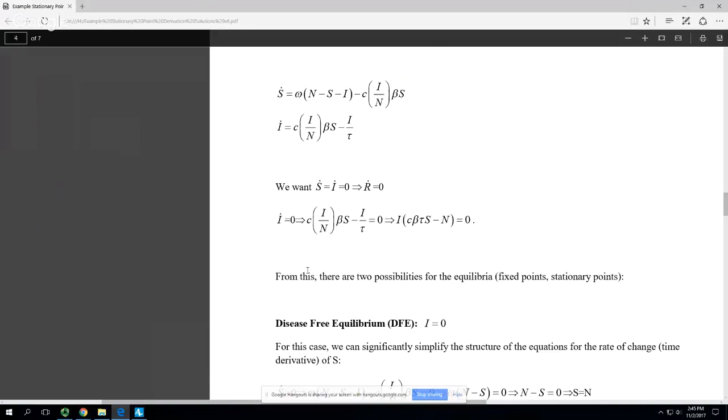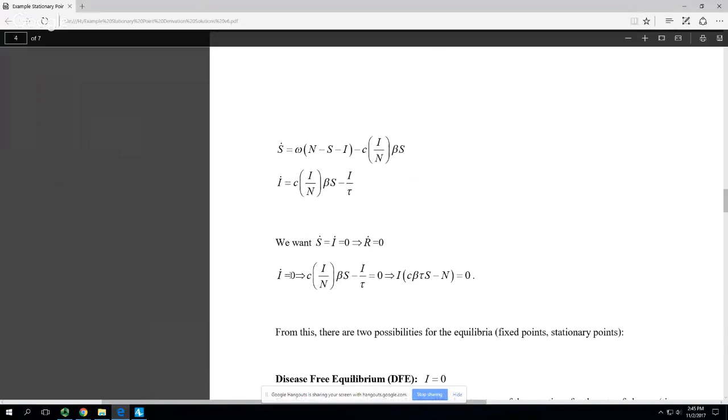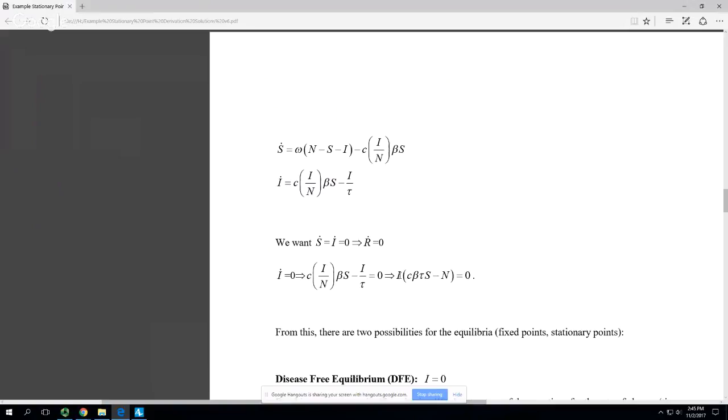Okay. Now, we can then factor this. If I dot is equal to 0, recognizing here that we have an I in both these terms, we can pull that out front. Here we have I times quantity C times beta times S over N minus 1 over tau equals 0.